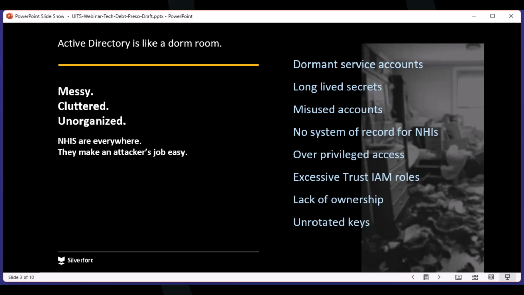And then the idea of no system of record or source of truth for those non-human identities. It's not like workforce where you have a Workday or something where, hey, today's your first day, I'm receiving this information and I'm going to provision an identity related to that. These are ad hoc for the most part, right? Unless you have a really mature IAM program where you are saying, if a service account is to be created, it must go through this process.